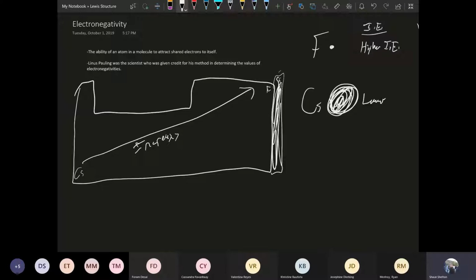Now, in your book, there's actually a table that lists the numerical value for electronegativities. So you'll want to at least find that table, and I'm trying to find it for you here so it's easy for you to find. Let's see here.